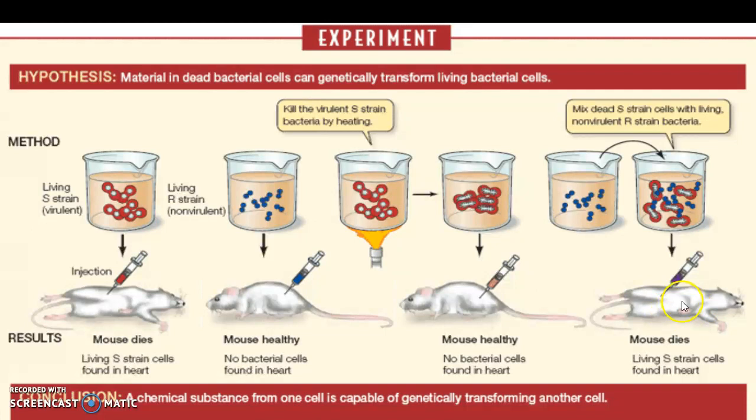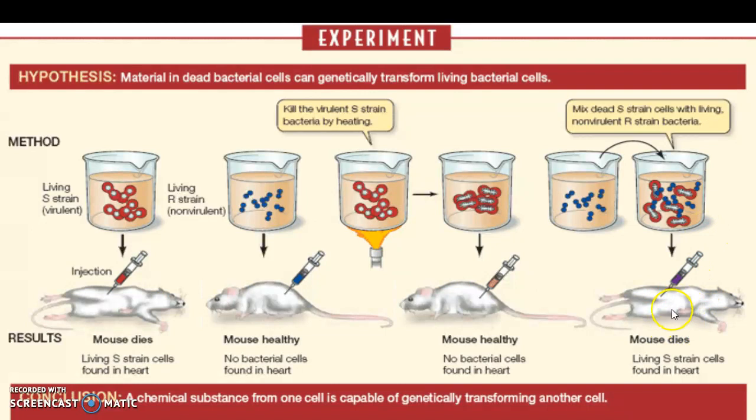So Griffiths figured out from this that these nice little R strain blue guys that normally didn't have what it took to kill the mouse, they were taking in genetic material from the dead S strain cells and incorporating it and using it, and they became themselves more like an S strain cell.